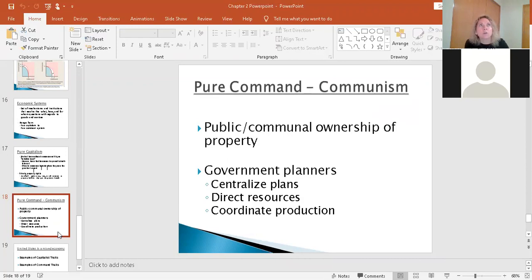Where do you think the US lies on that spectrum? What percentage of the US economy do you think is command or communist or has those ideals? How much of our economy do you think the government dictates? Is the question. I have a 45%. Any other guesses? 25?